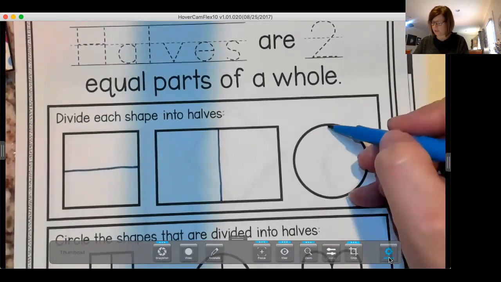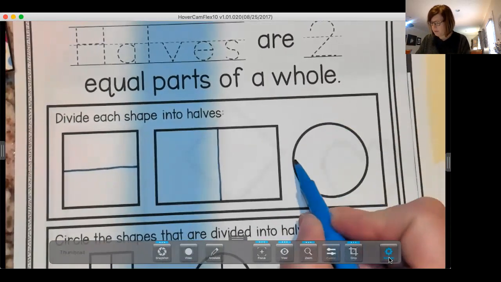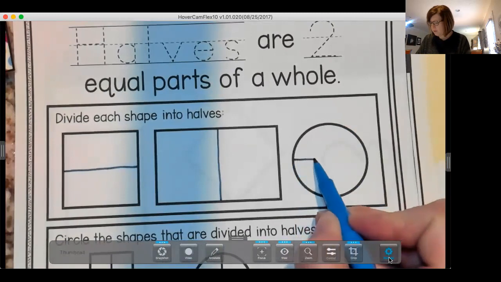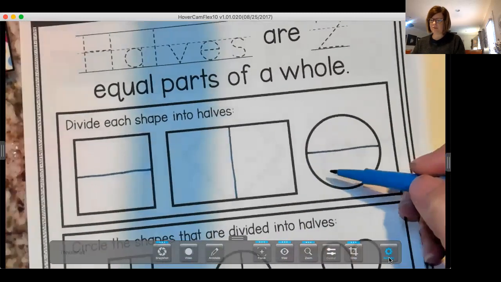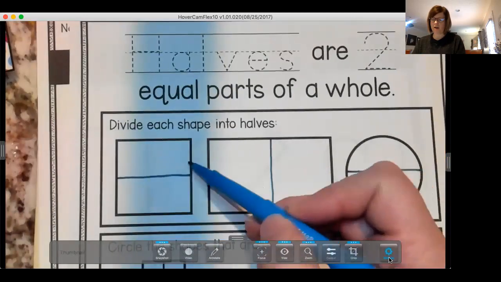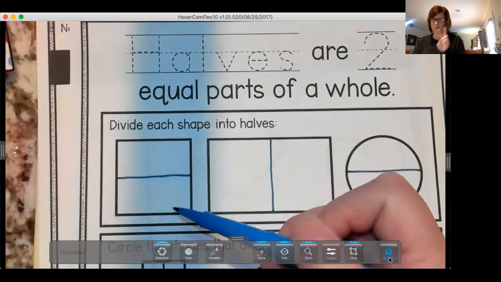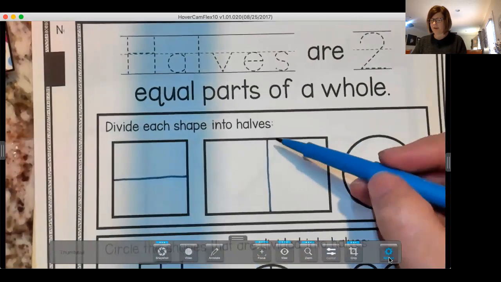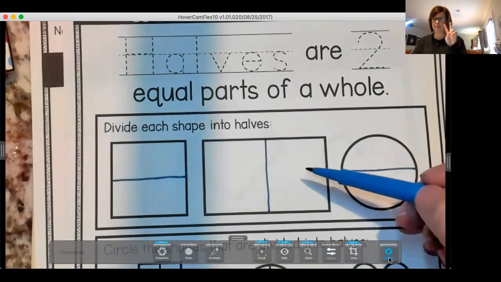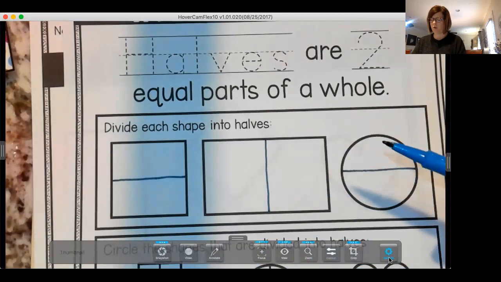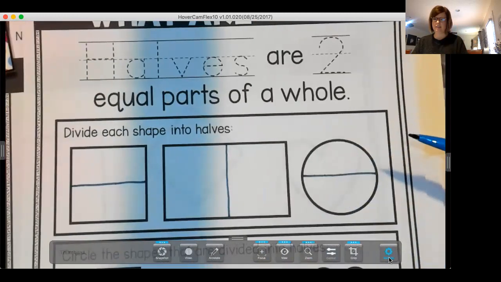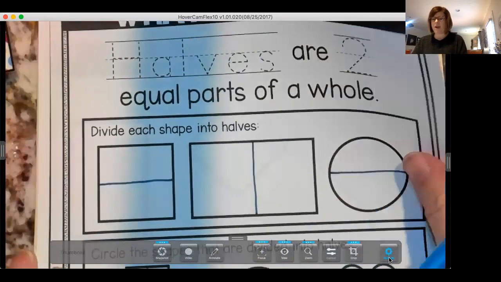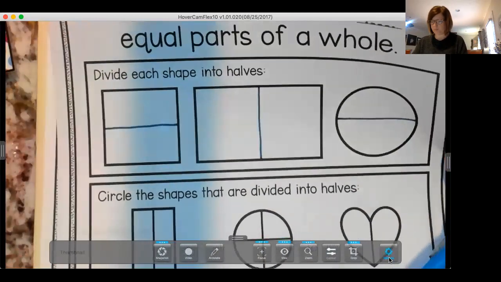All right, so I'll go back through the middle here. I'm going to go the middle crossways. And that is split into half. So we have our square into halves, two sides. Our rectangle into halves, two halves make a whole, and our circle into two sides, okay? All right, so half means two.